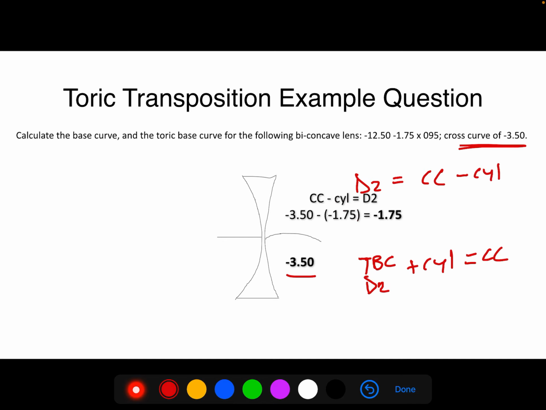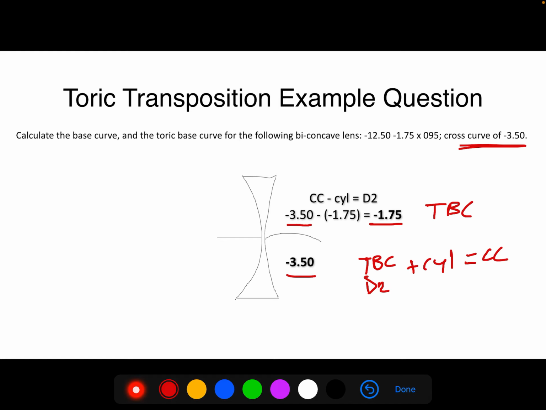We go ahead and plug in our -3.50 for the cross curve and subtract the cylinder that would have been added to it, we'll find ourselves with a toric base curve of -1.75.